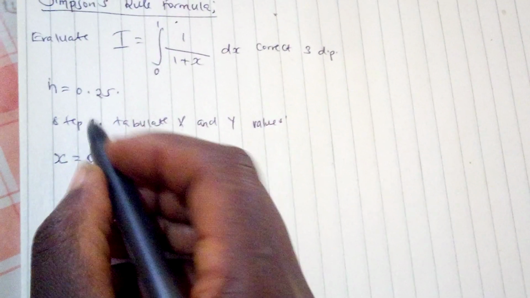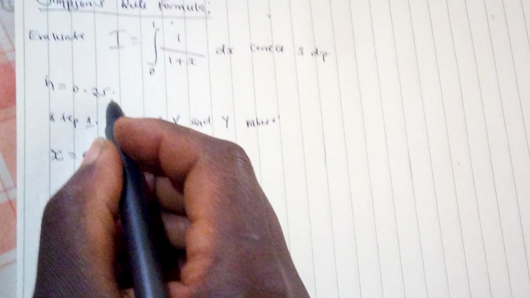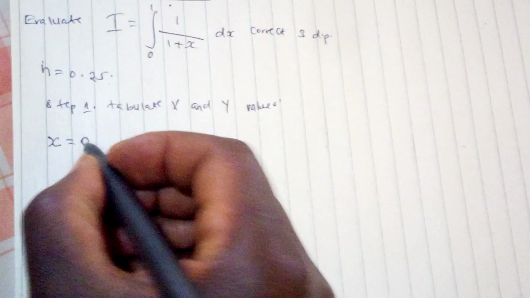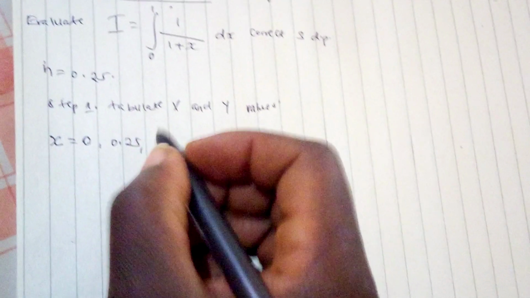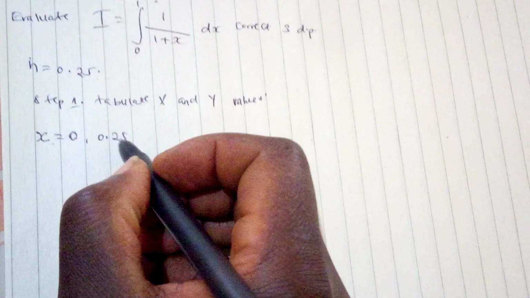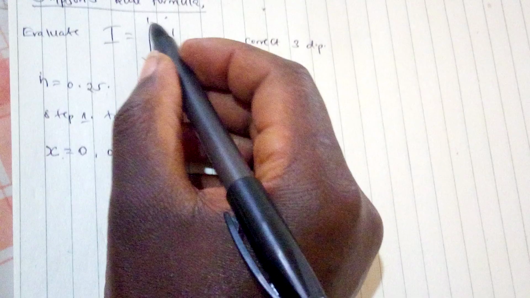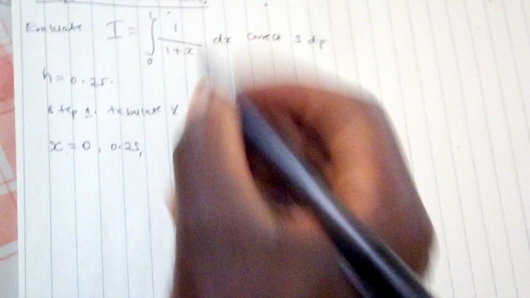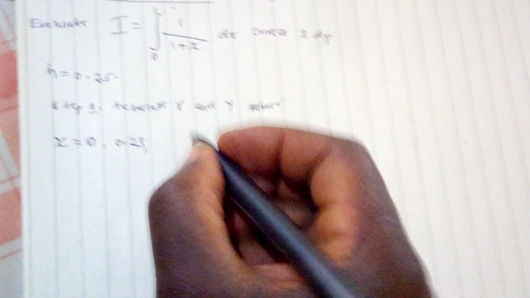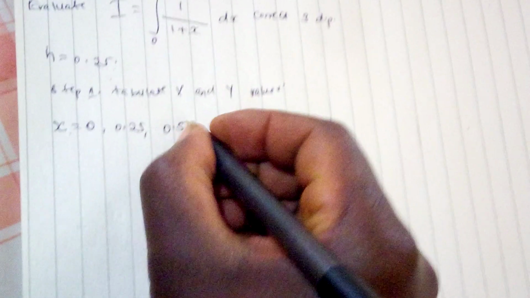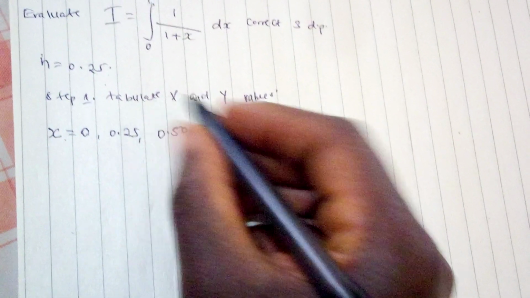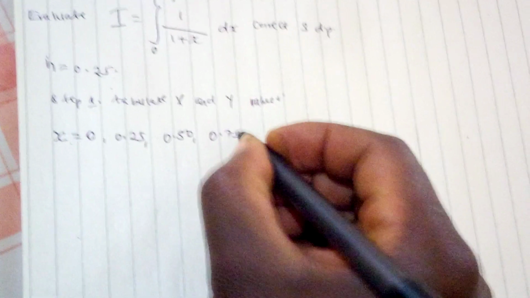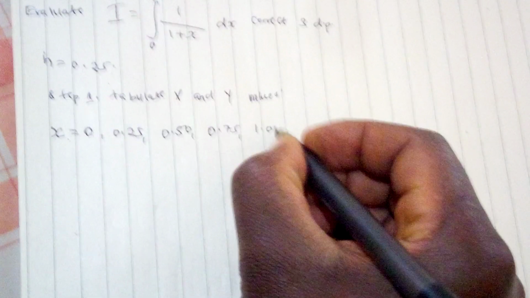Having 0, we add 0.25 to get the next value of x. So 0 plus 0.25 is 0.25, and the next value of x will be 0.25 plus 0.25. You have to add them until you reach the point where 1 is found. So we have 0.25 plus 0.25, which is 0.50. Then 0.50 plus 0.25 is 0.75, and the last one will be 1.00.